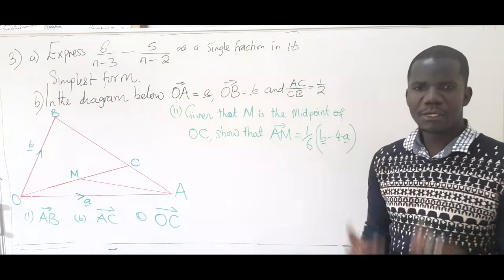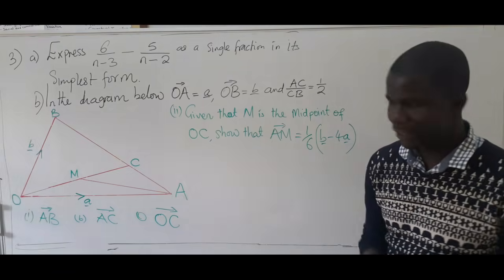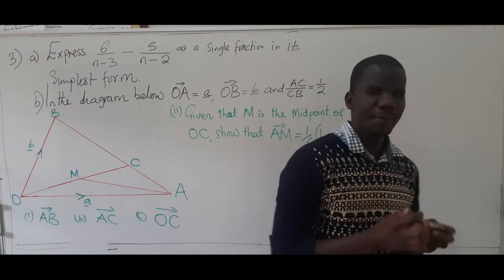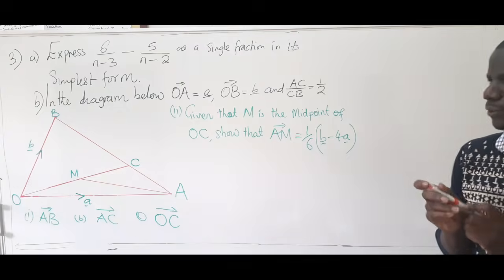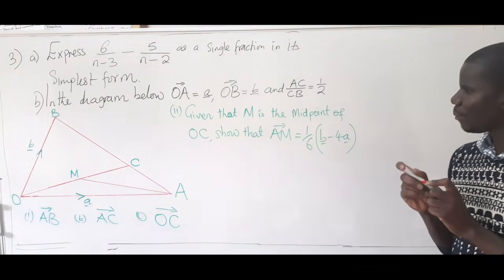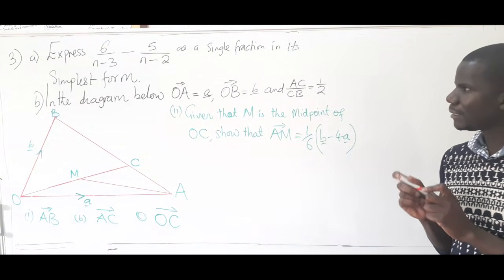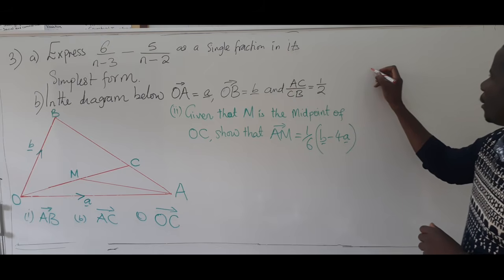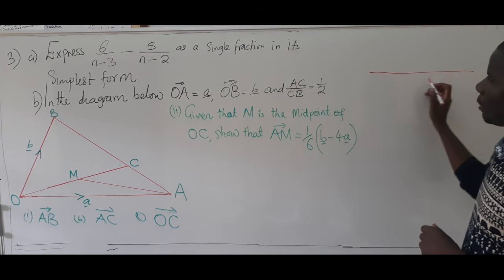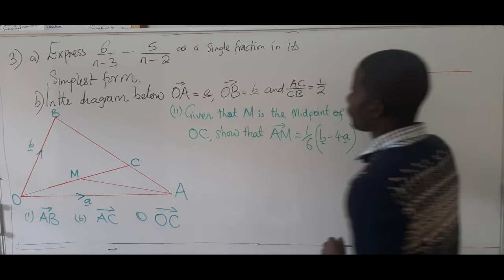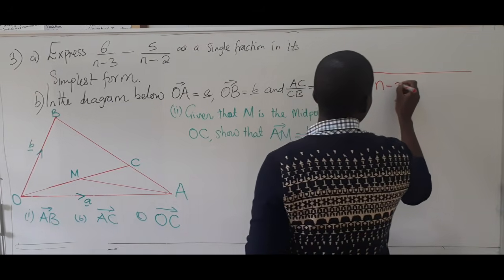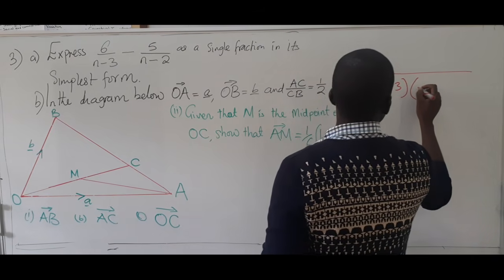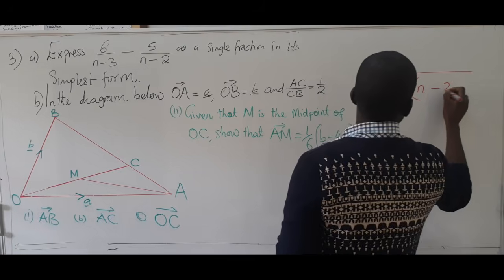As you may know, each time we are dealing with fractions, the first thing that we are supposed to do is to come up with the lowest common multiple. So in our case, the lowest common multiple is n minus 3 and n minus 2.